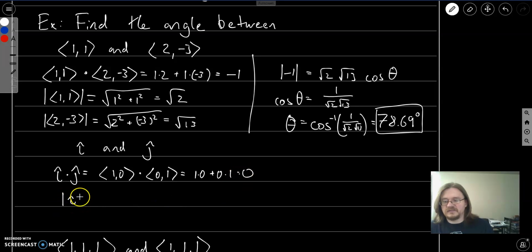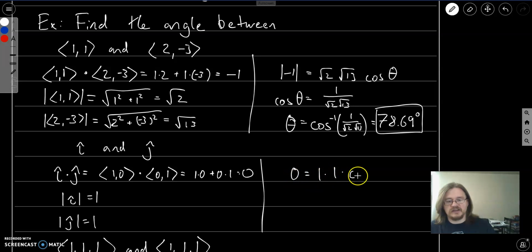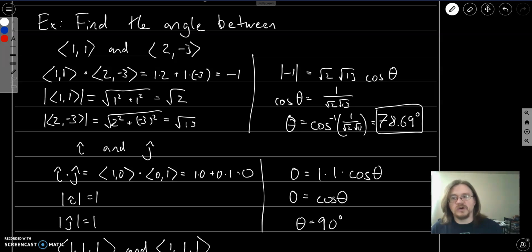The length of these vectors were specifically chosen just to be 1. So when we plug this in, the dot product is going to be equal to 1 times the cosine of theta. So 0 is equal to the cosine of theta. And we know that this happens when they're at a right angle with one another. And we'll see more of this in the next video.